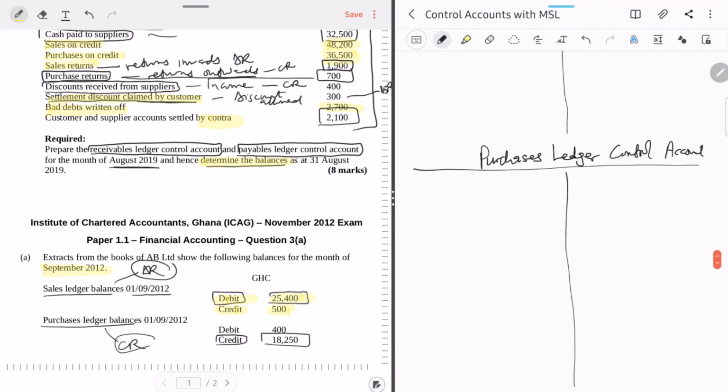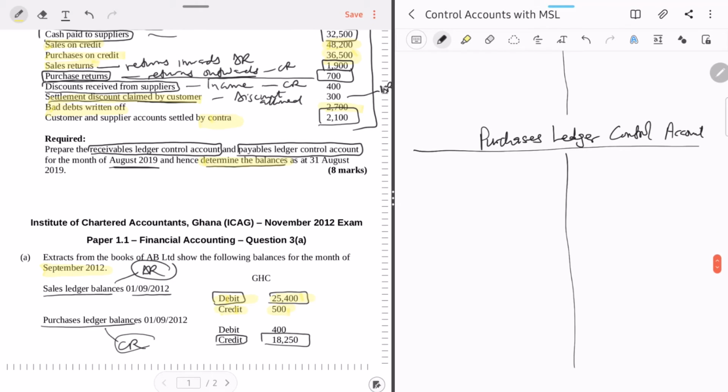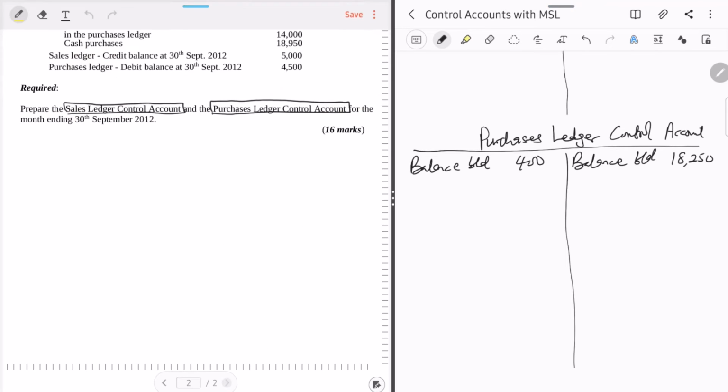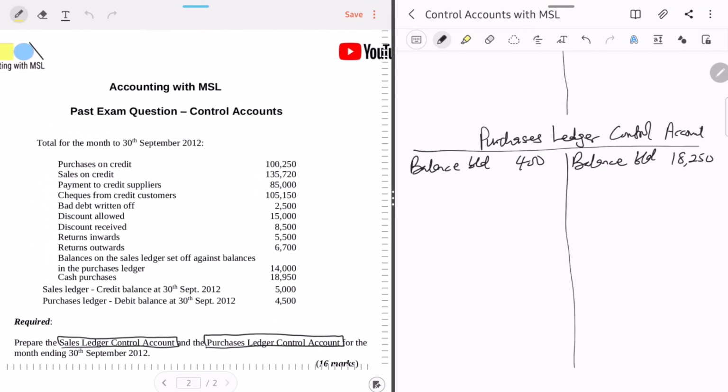I do the same for the purchases ledger control account. They said the debit is 400. So on the debit side, I write balance brought down of 400. On the credit side, is 18,250. So balance brought down of 18,250.